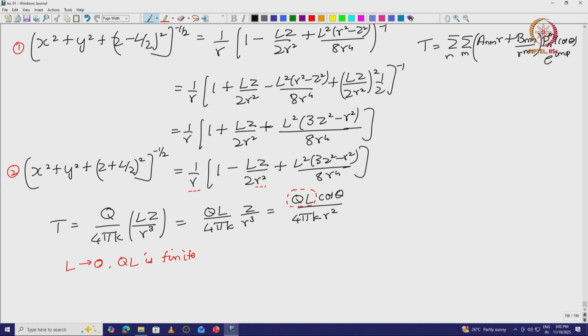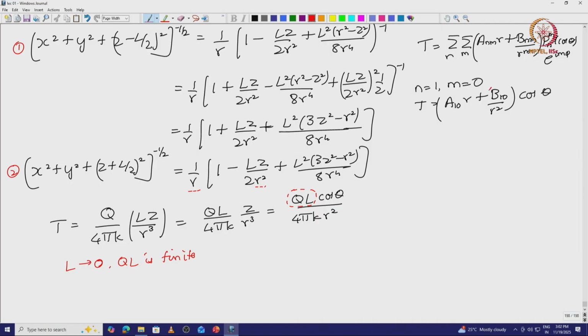If we take n is equal to 1, m is equal to 0, T is equal to A 1 0 R plus B 1 0 by R square, into P 1 0 of cos theta. P 1 0 of cos theta is just cos theta itself. I told you that P 0 is 1, P 1 is cos theta. So, this is just equal to cos theta by R square.